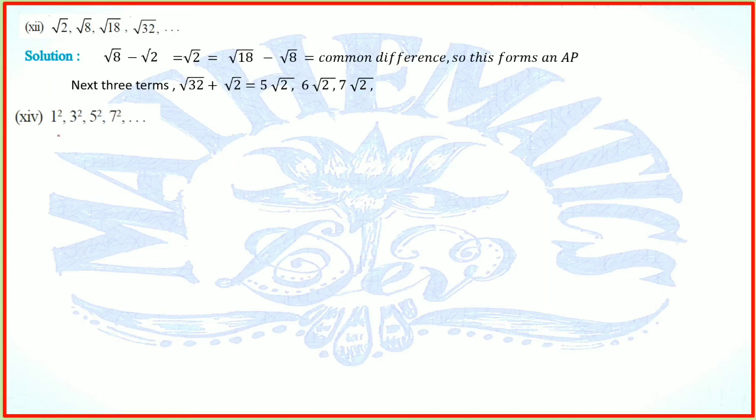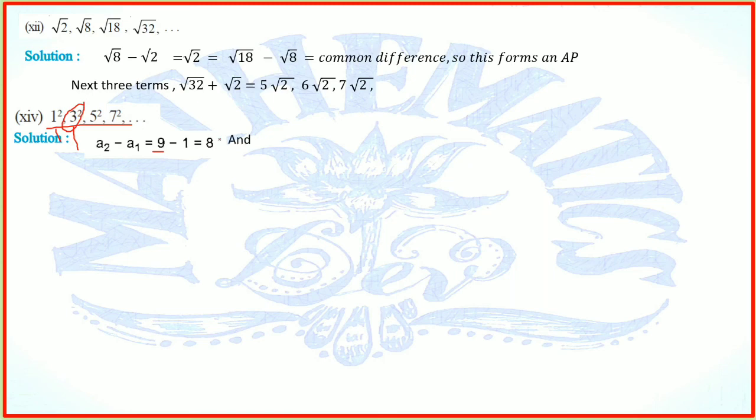The next part is part number 14: 1 square, 3 square, 5 square and 7 square. Let us check whether this progression forms an AP or not. So go for the solution. Second term minus first term: the second term is 3 square, which is 9, minus 1 is equal to 8.